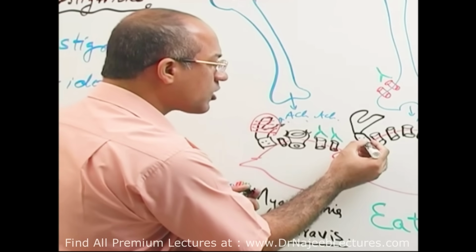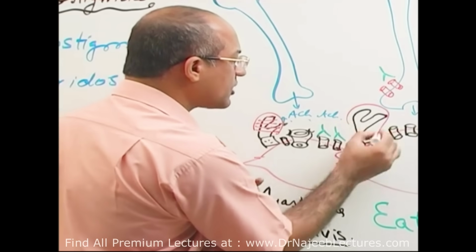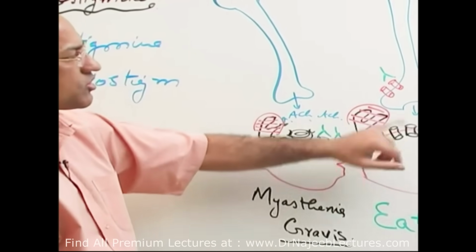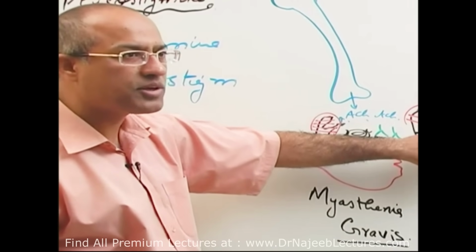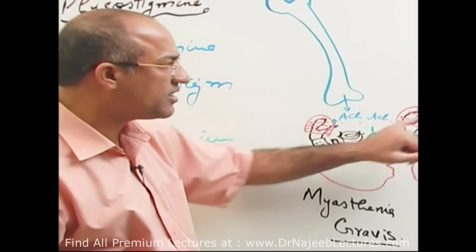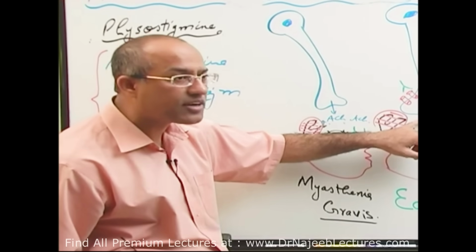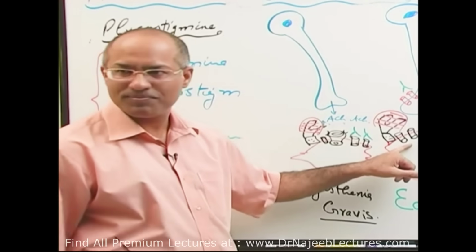Acetylcholine esterase is inhibited by neostigmine. Even though in Eaton-Lambert syndrome acetylcholine is released in lesser amount, because we have reduced the catabolism of acetylcholine, it will accumulate to normal concentration, and normal concentration is enough to stimulate the postsynaptic membrane, which is healthy.